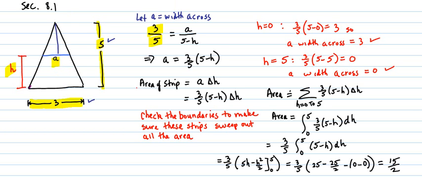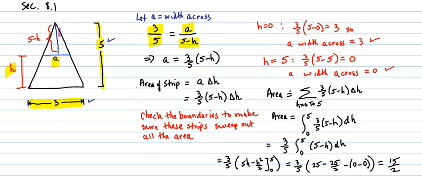And its height is this height right here, which happens to be 5 minus h. So 3 is to 5 as A is to 5 minus h. So that's setting up similar triangles.